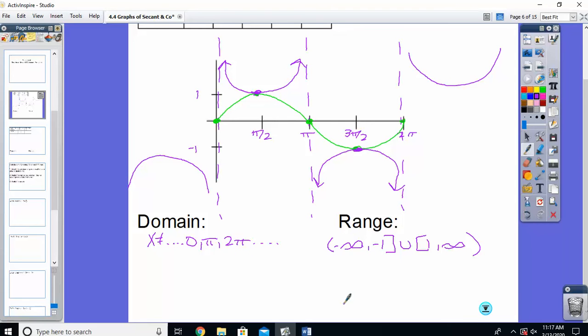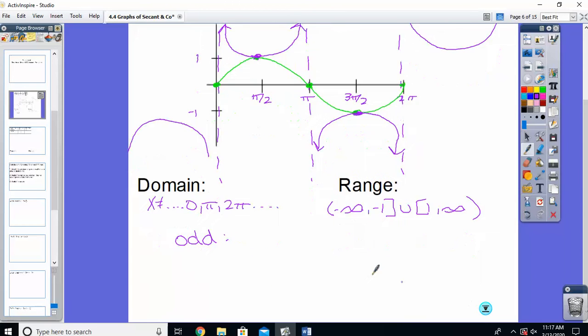Is this graph even or odd? Is it symmetric to the y-axis or the origin? Origin. So this is another odd function, just like sine, tangent, and cotangent, those are all odd.